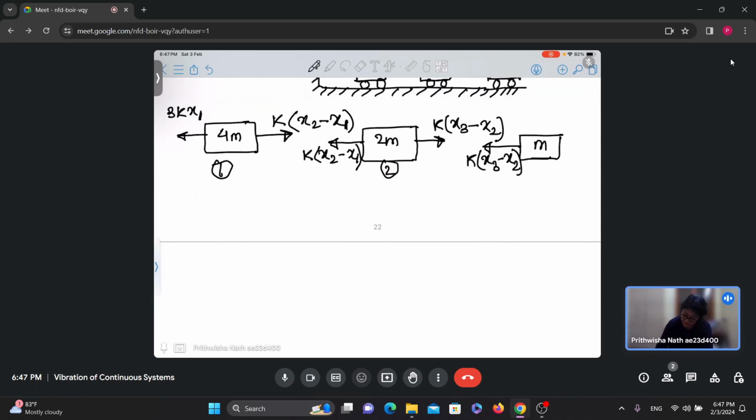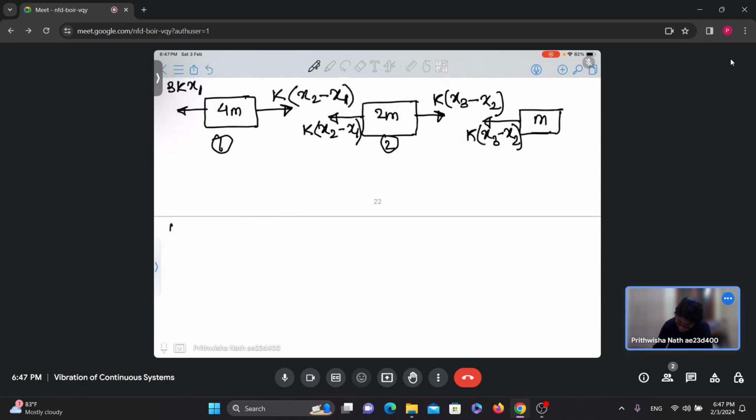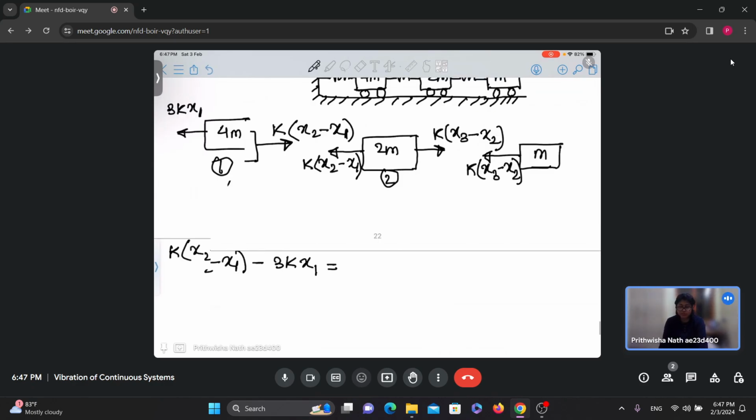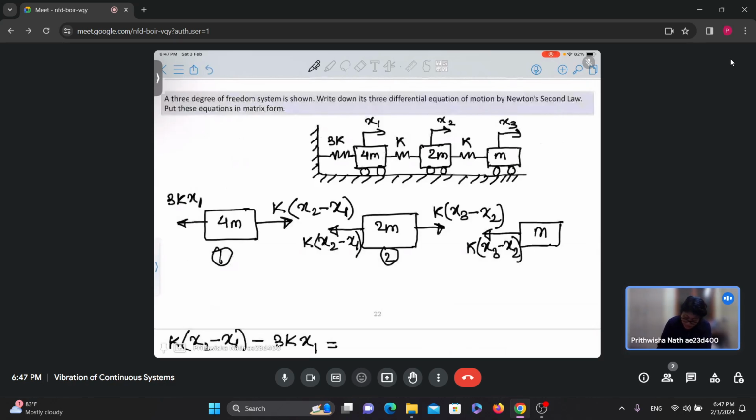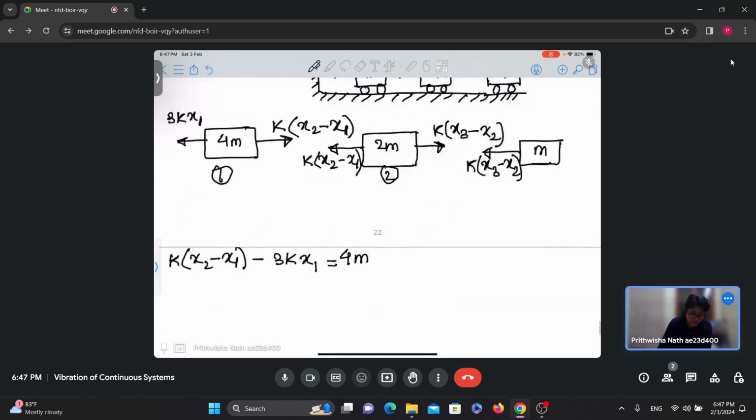The equation is like this: k into x2 minus x1 minus 3k x1, since it is acting in the opposite direction, equals mass into acceleration. What is the mass of this body? The mass of this body is 4m. So 4m into x1 double dot.